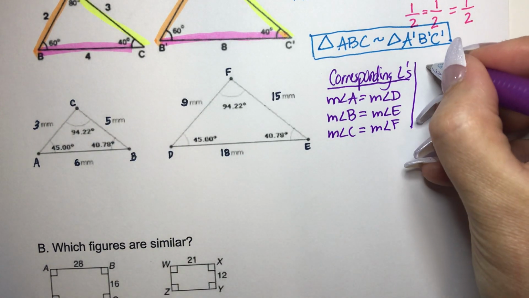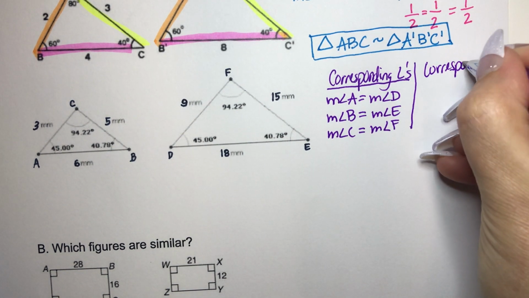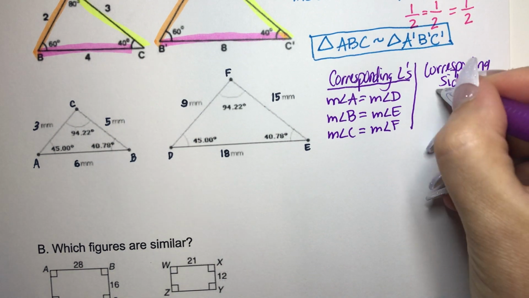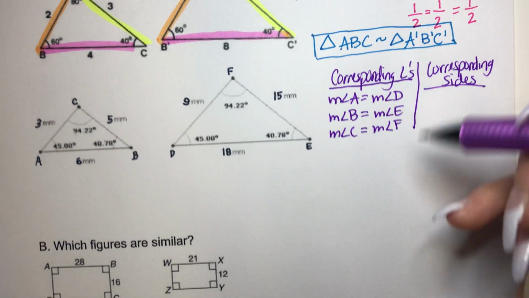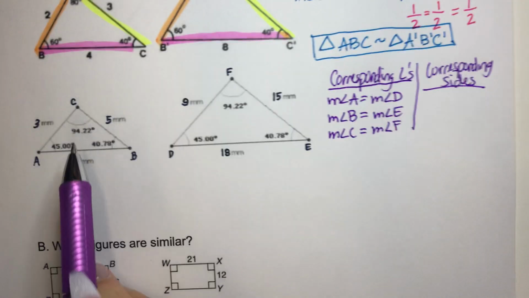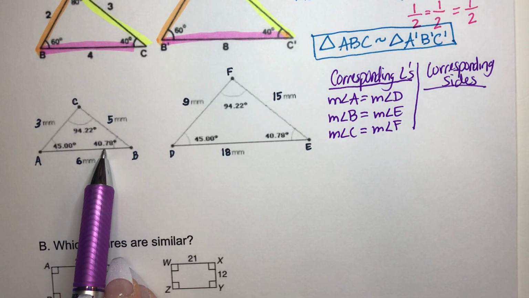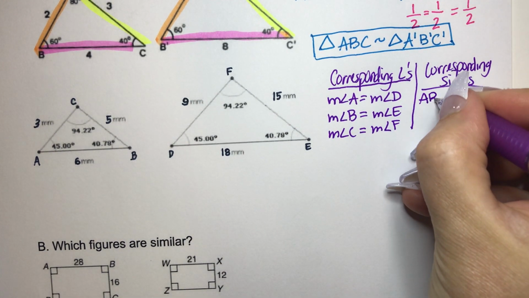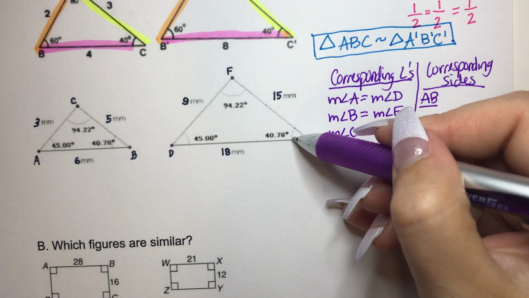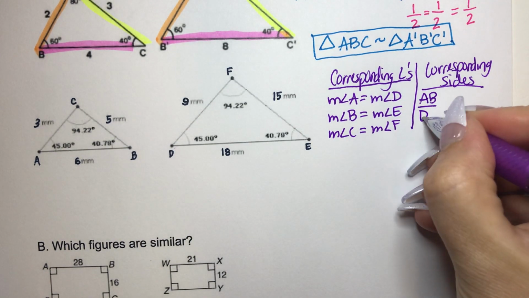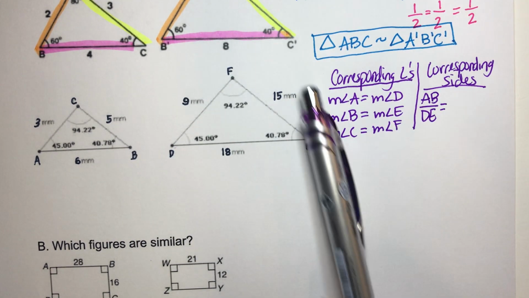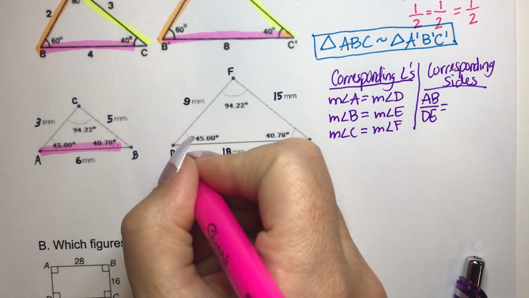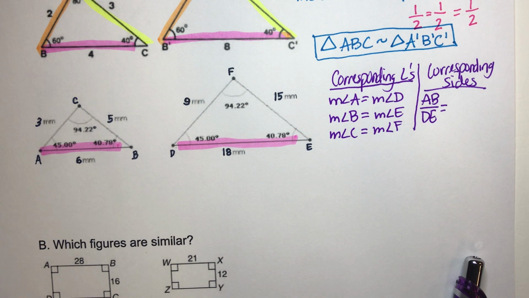Now we have to check the corresponding sides. Okay, so I'm going to try the side that is between 45 and 40.78. So that's AB over, 45 and 40.78, that would be DE. Okay, so I'm going to say that those are corresponding sides. These two are between those two angles.